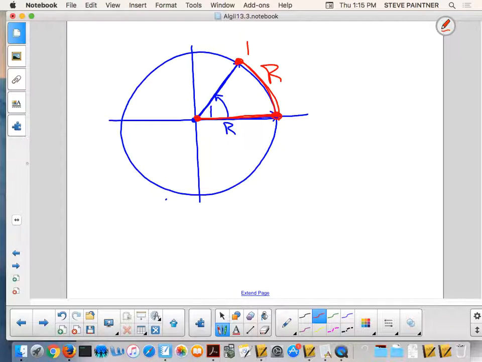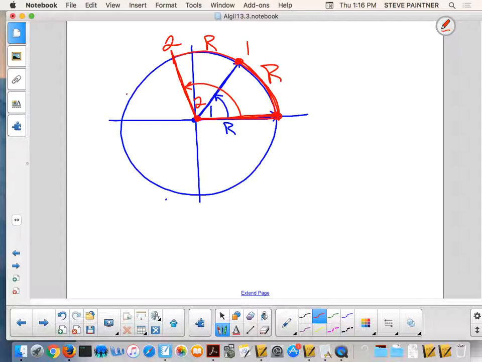1 what? Radius. So 2 radians would be this far. Take the radius, wrap it around once, that's 1 radian. Twice, that'd be another radian, which makes 2 radians. A radian is a radius wrapped around your circle. So from here to here is 2.